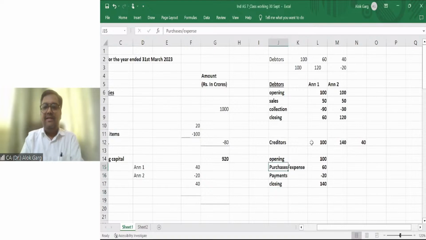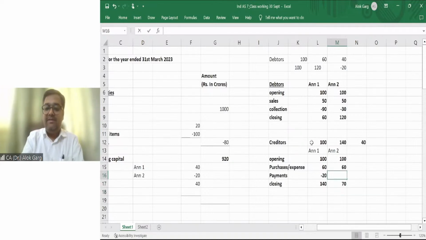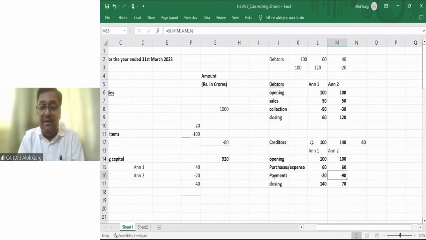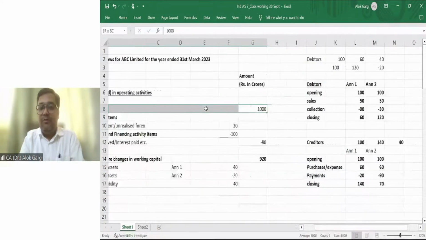Yes. So friends, now let me give you another example of this creditor here. For example, the creditor opening is 100 crore, the purchase is 60 crore, and the closing balance is, let's say, 70 crores. What does it mean? It means there is 90 crore of payment which has been made to the creditor. It means only this 60 crore is coming in this profit before tax.